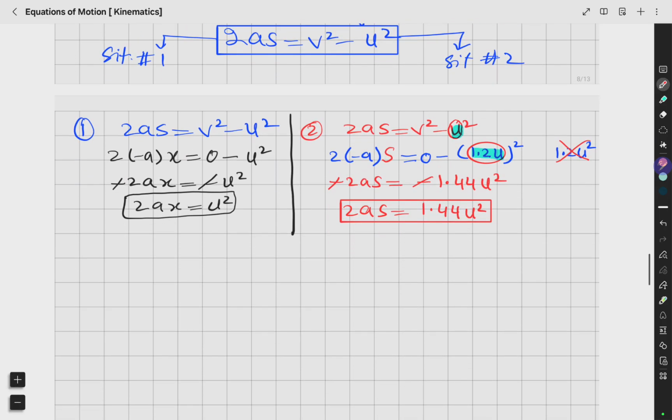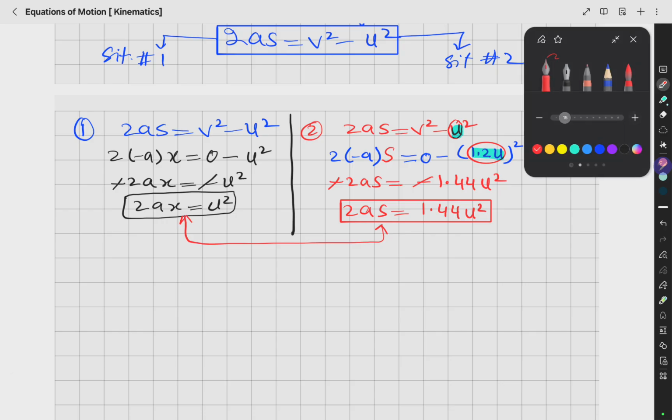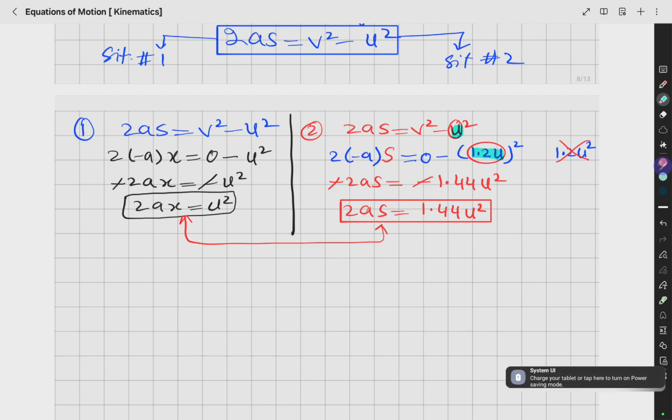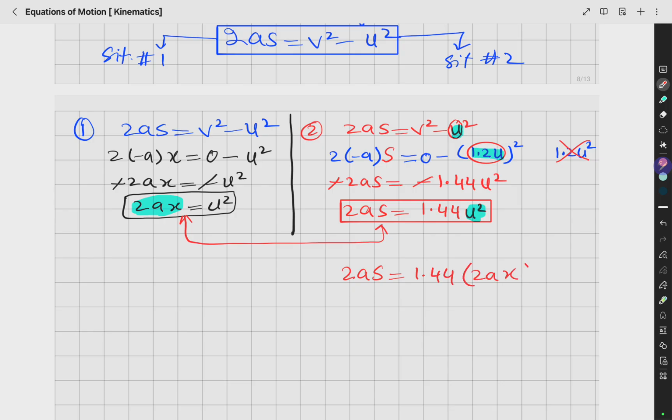Now when you apply one equation twice, you have to solve them simultaneously, or you can use the substitution method. What we can do is substitute the u square value over there. So substituting the u square value, it is 1.44 and the u square is 2ax.